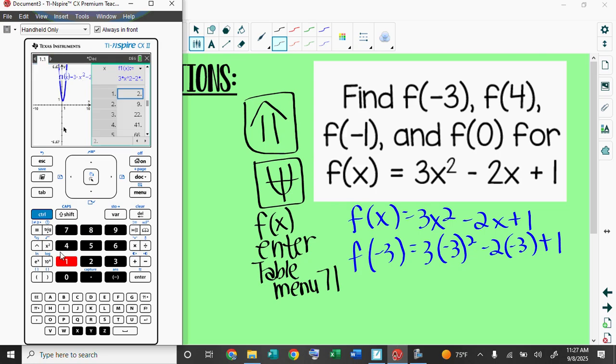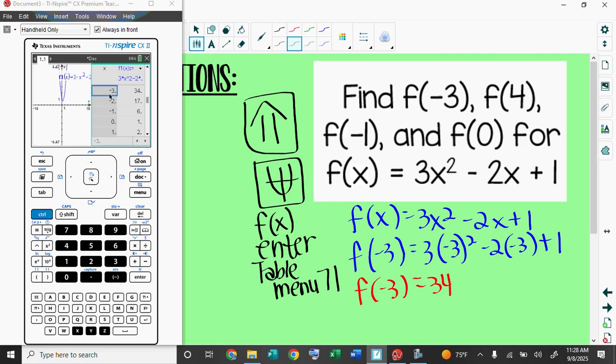So I need to go across. I need to find x is -3. So here's my x value right here. I need to go on my x and find -3 and see what's across from -3. Well, f of -3 is going to be 34 because 34 is across from that.